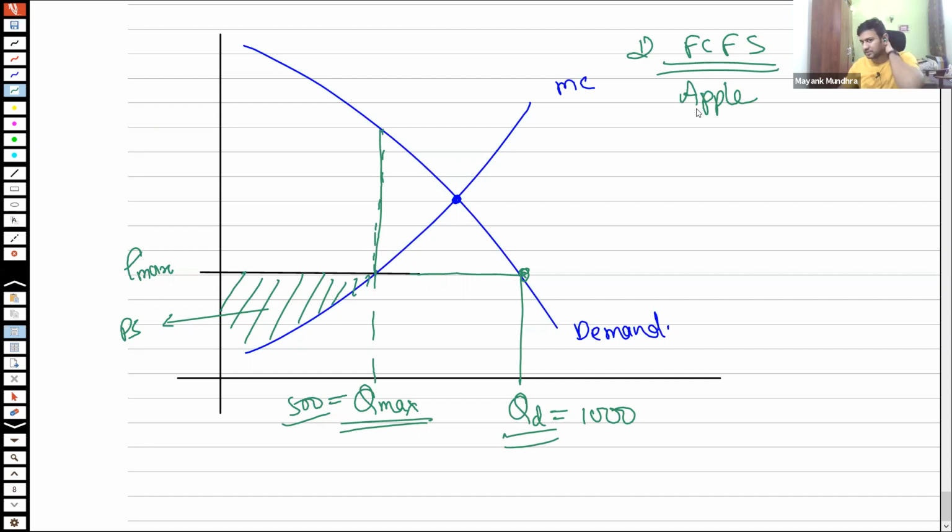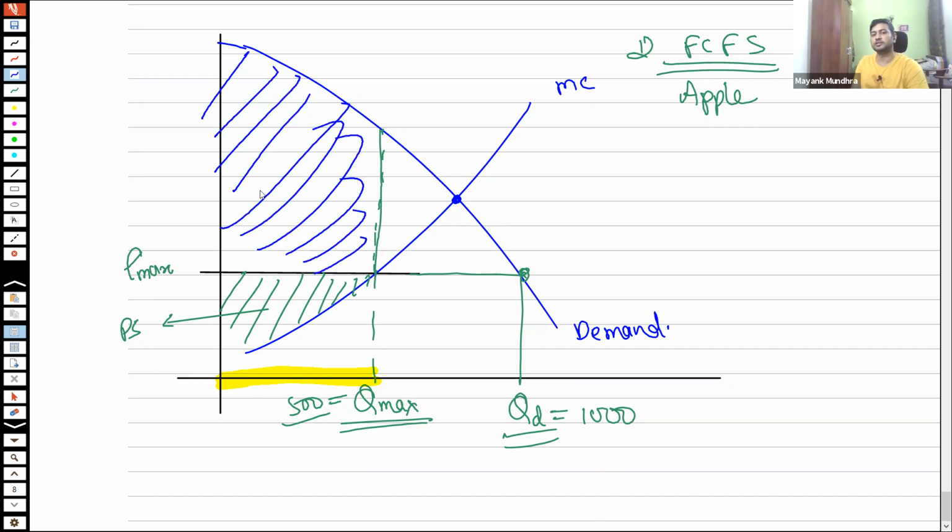So people who have a higher need or higher utility from getting this product would form a line in front of the store 1 or 2 days before the sale was supposed to begin. They would camp there for a couple of days to get the product. So this is first come first serve. In first come first serve, people who have a higher demand get the product, and this is going to be the consumer surplus.